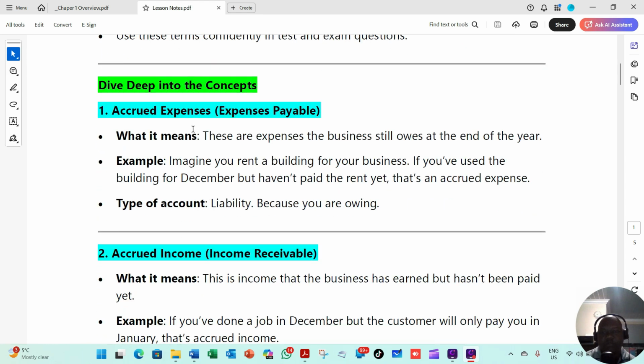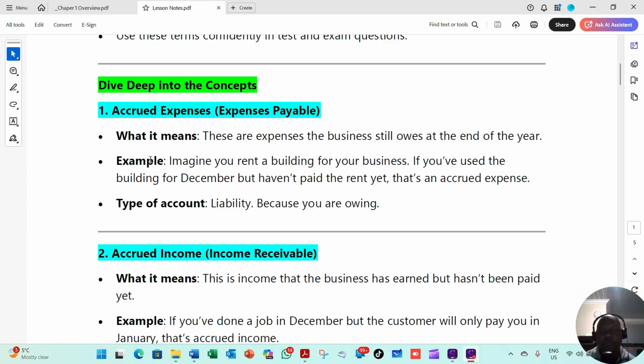Each concept also has a definition and an example, and sometimes I will indicate what type of account it is, so that you may know whether it falls under the income statement or balance sheet. So let's start with the first one.